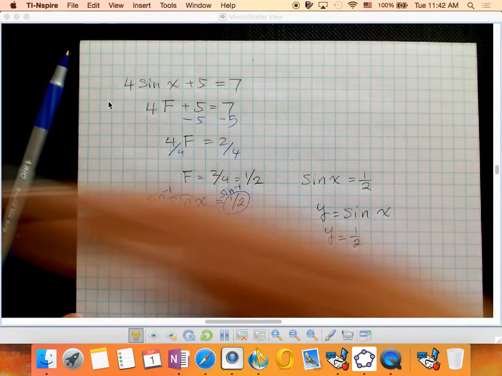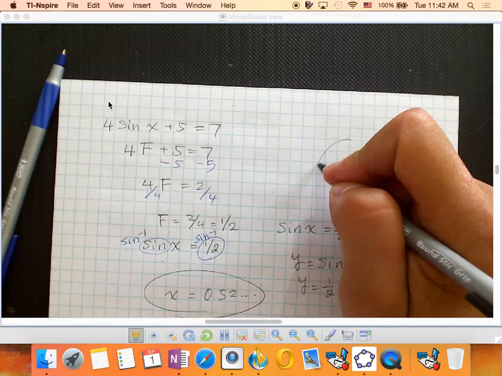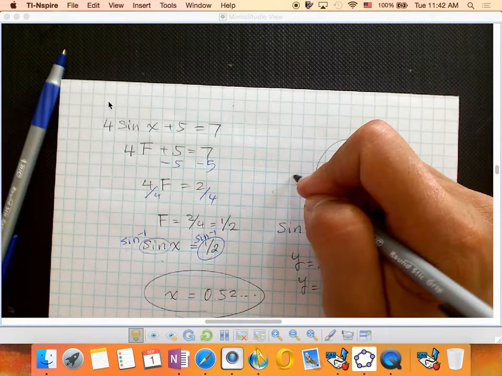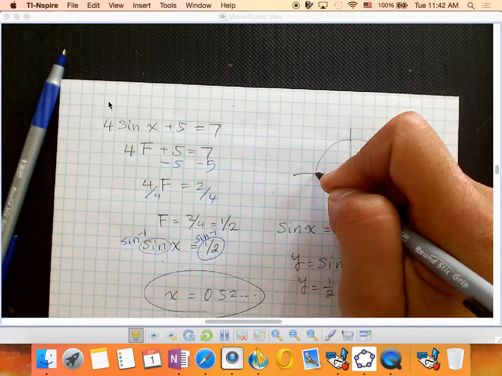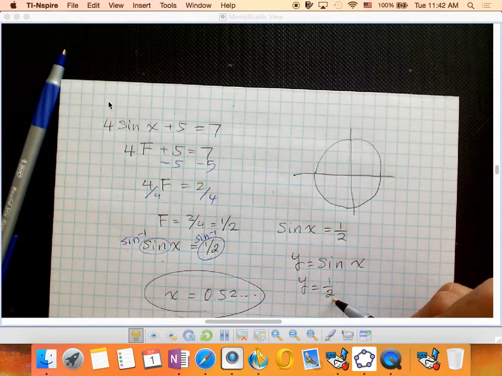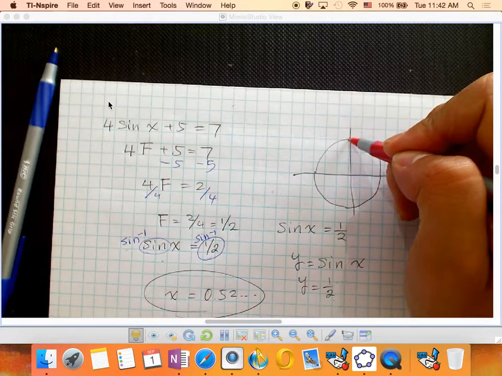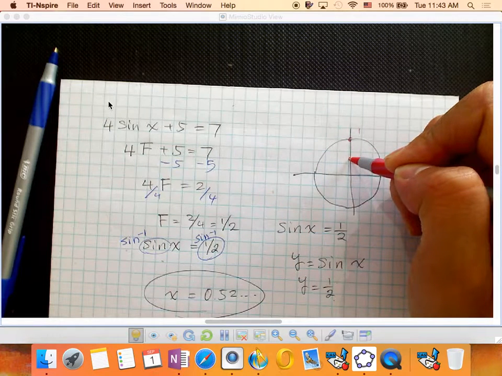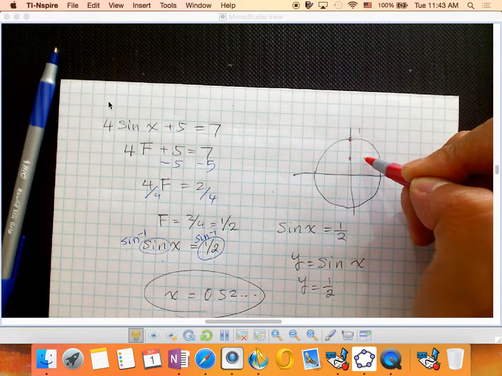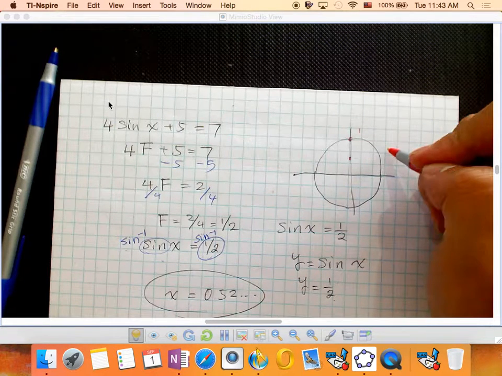If you're talking about a circle, that's a unit circle, like that. And y equals a half is all the series of points that is a half. So this is 1 right there, and this is a half. And I take all the points that gives me a y coordinate of a half.